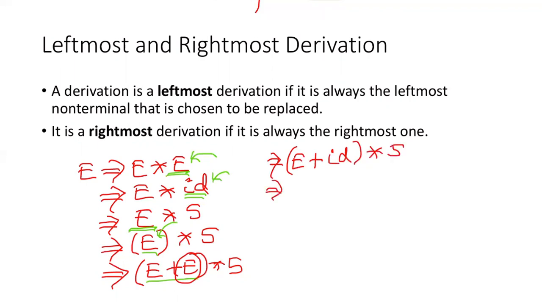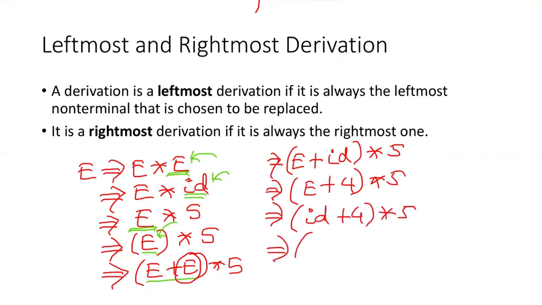As we go on with the derivation, say I have 4 here, and now again E I will replace by ID, and ID I will replace by, let's say, 3 plus 4 into 5. So in the entire derivation process, we have replaced the rightmost non-terminal. At every step, we are replacing the rightmost non-terminal.